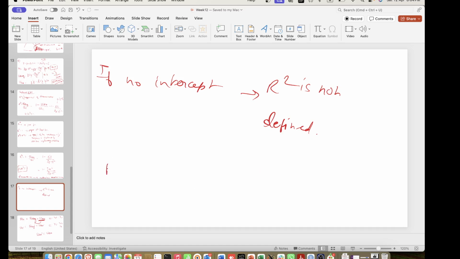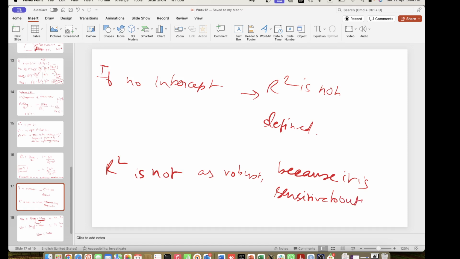And r square is not as robust, because it is sensitive to outliers. Alright, so these are actually the limitations of r square.